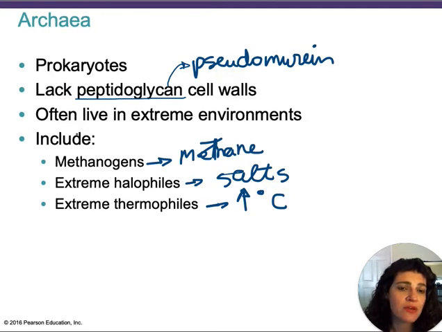One of the reasons they are separated from bacteria as a different group is that they have a different cell wall. Also, the sequence of messenger RNA is useful in classifying these organisms in different groups. I'm going to talk about that later.